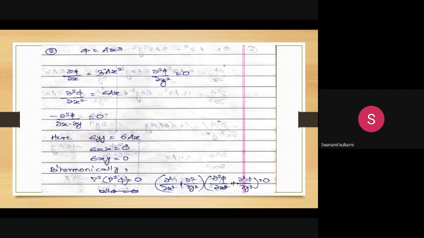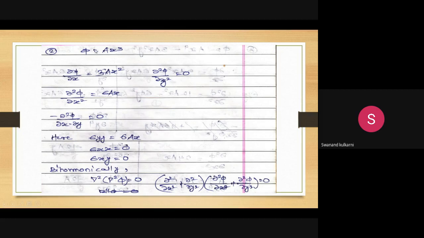So dou 2 phi by dou x2, as rightly answered in the previous example, is nothing but sigma yy. So this sigma yy, or the stress along y axis, is equal to 6ax.